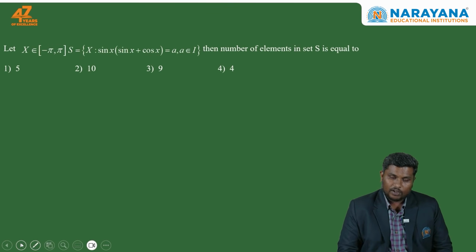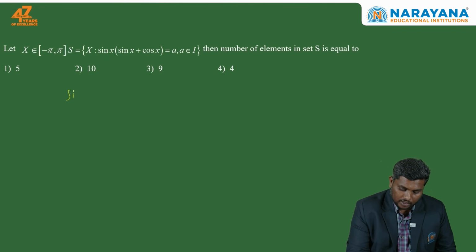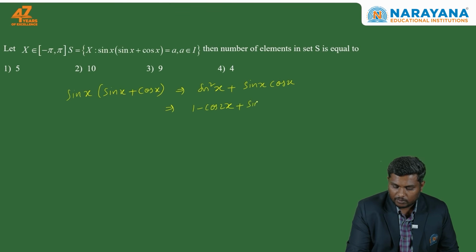So this is from trigonometric equations. He's talking about a trigonometric equation is equal to a, where a has to be an integer. So first let us try to find the range of sin x into sin x plus cos x. So this is sin square x plus sin x cos x. So I am going to write this as 1 minus cos 2x by 2, and if I multiply it, this will become sin 2x whole divided by 2.